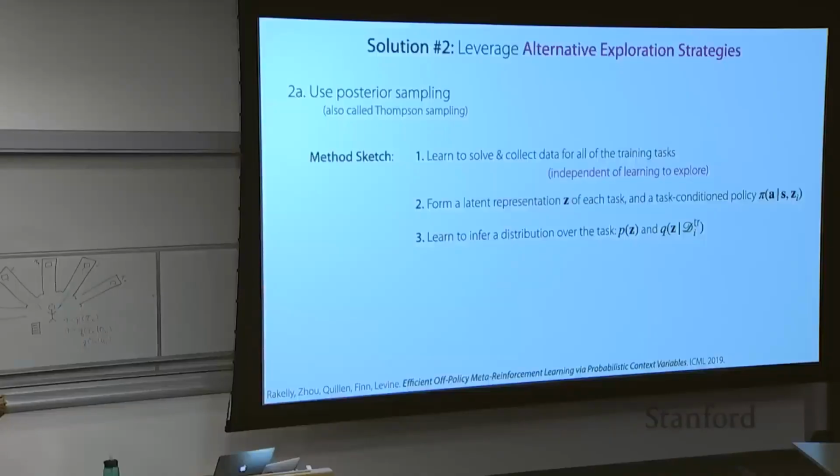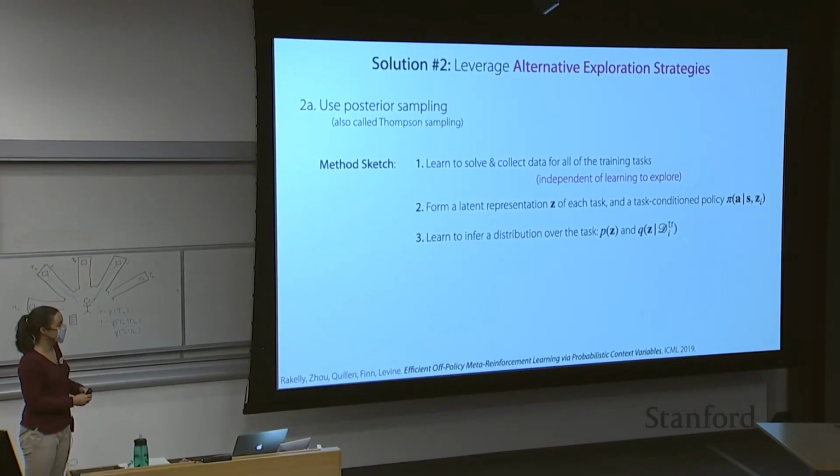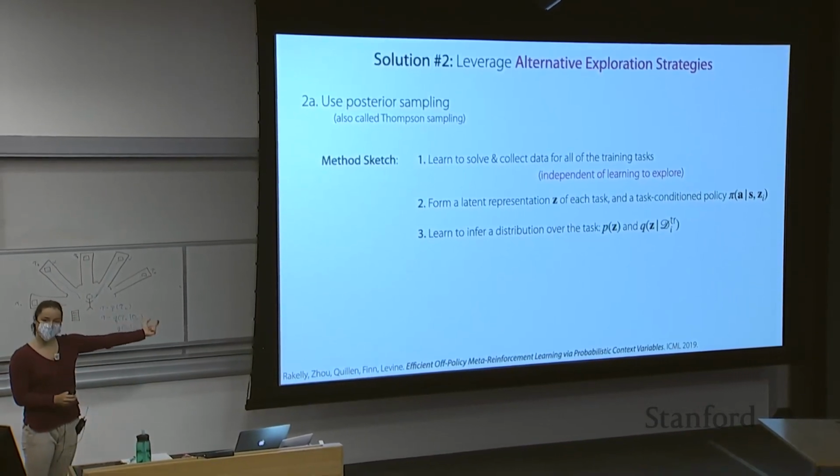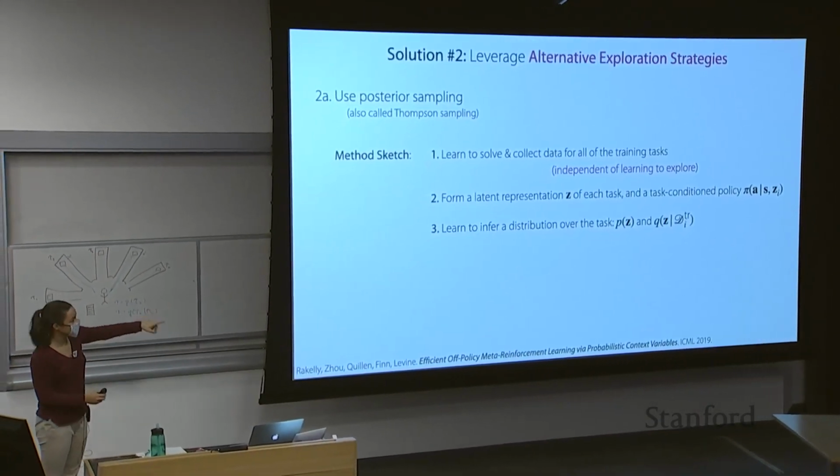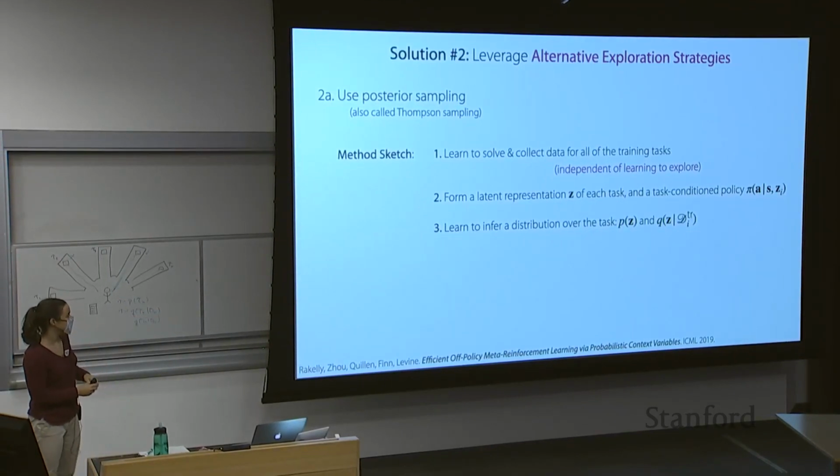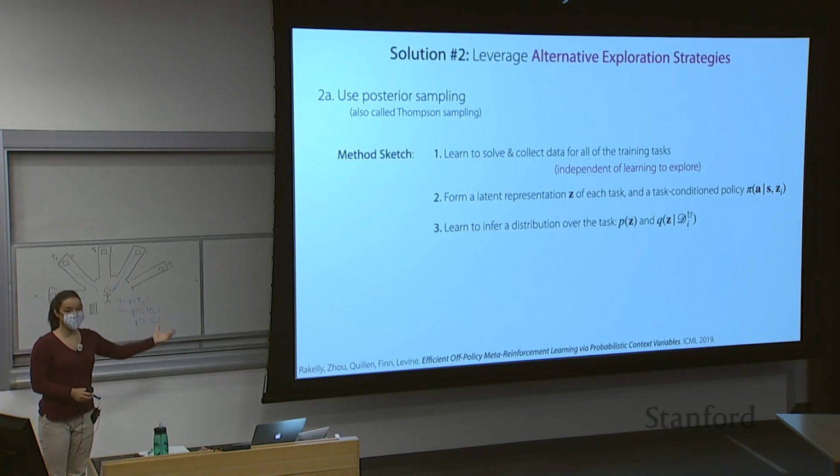And then once we learn this representation of task, we can learn how to infer a distribution over the current task. We'll learn both a marginal distribution over the task, which is P of z, as well as a distribution Q that is trying to understand the distribution of the task given the evidence I've seen so far.